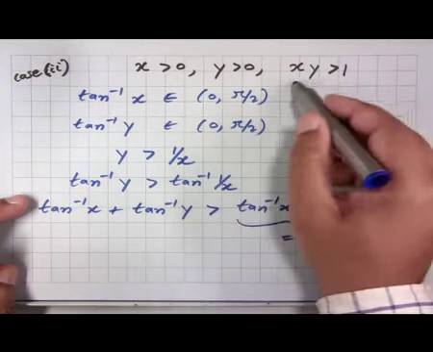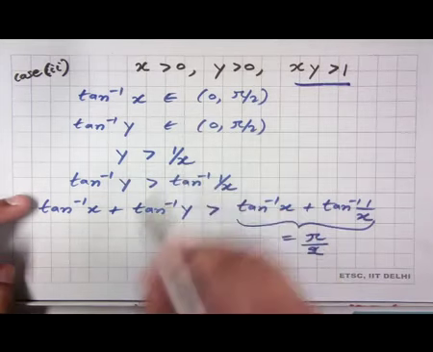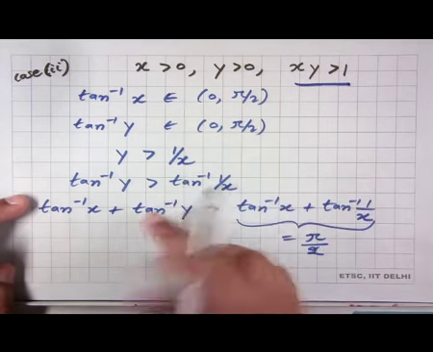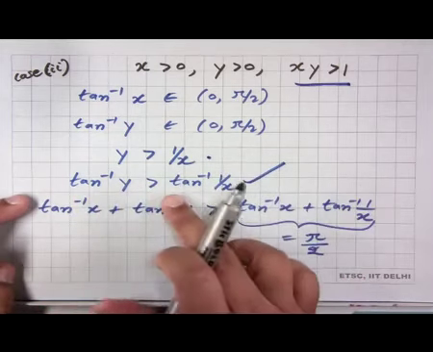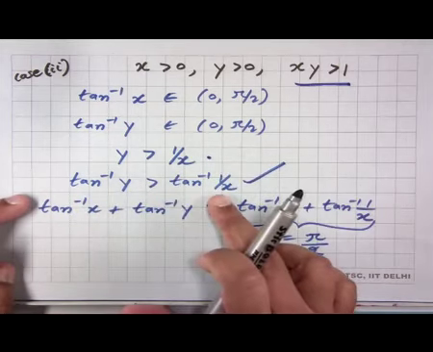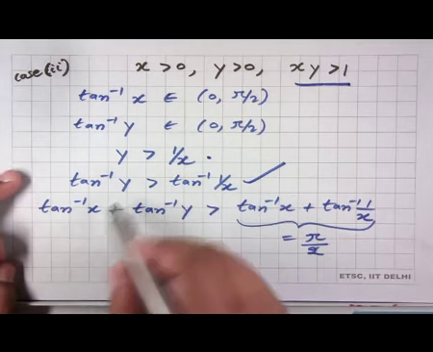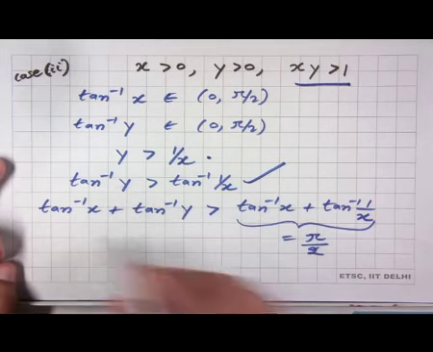Because xy is greater than 1, we have y greater than 1 over x. Since tan inverse is a monotonically increasing function, from here we get that tan inverse y is greater than tan inverse of 1 over x, and then as we did before, we add tan inverse x on both sides, and this is what we end up getting.